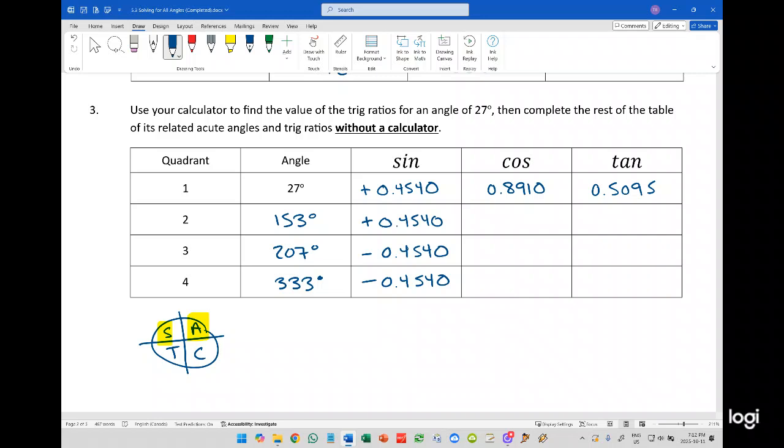Similarly, all four are going to have the same cos values, except for the sign. And according to the CAST rule, cos should be positive in the first quadrant and the fourth quadrant, and negative in the second and third.